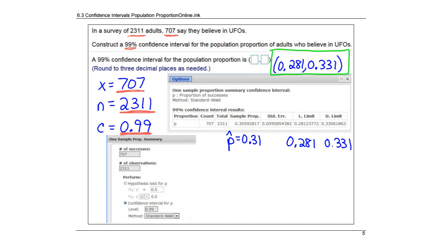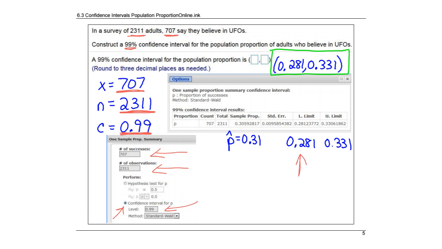Okay, so we're going to go to proportion stats, one sample with summary. We're going to put in our number of successes, that's 707, our number of observations, which is our sample size, 2,311. We're going to hit our confidence interval and put 99% in here, so 0.99. Then, as soon as you hit compute, the computer's going to do it all for you.